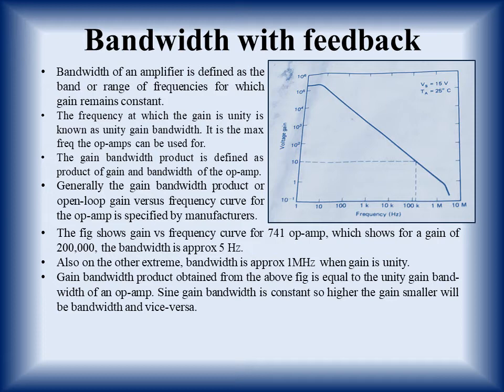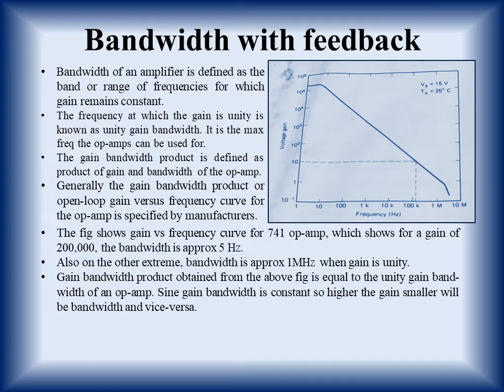Now the gain bandwidth product for an op-amp is always constant. So if one parameter is higher, the other will always be small. If the gain is higher, then the bandwidth will be small. If the bandwidth is higher, then the gain will be small.